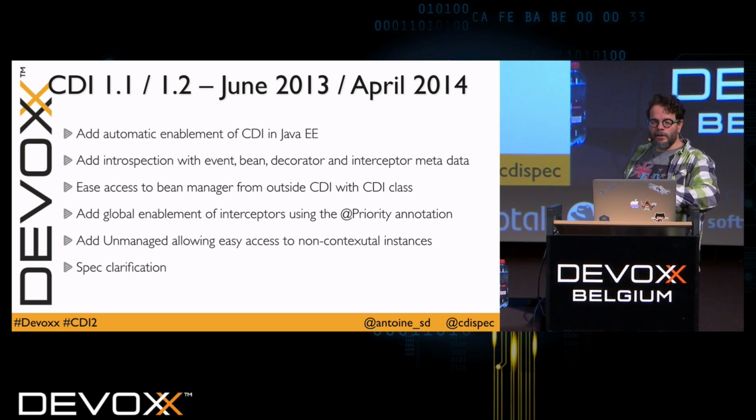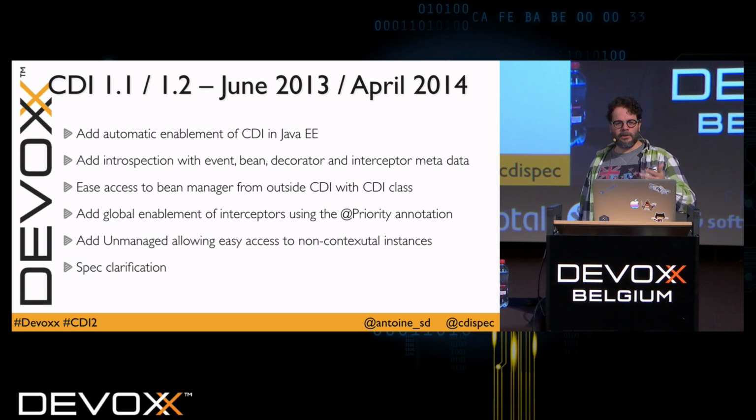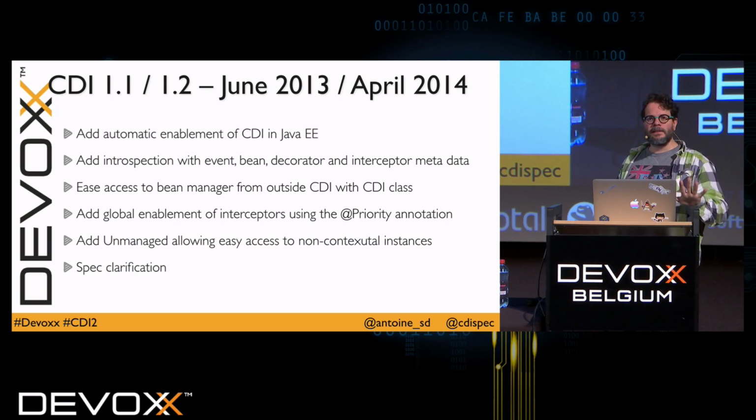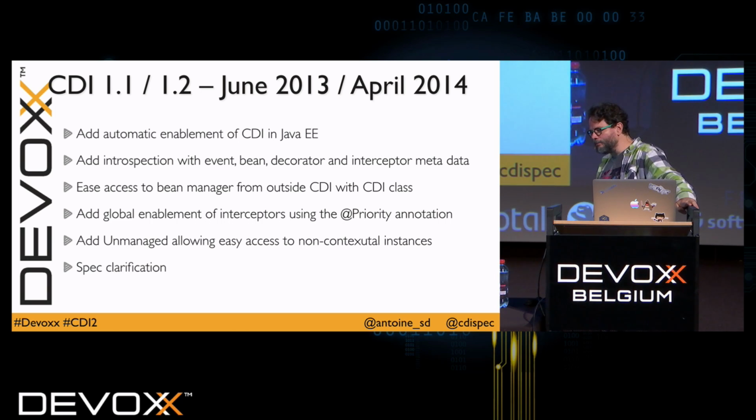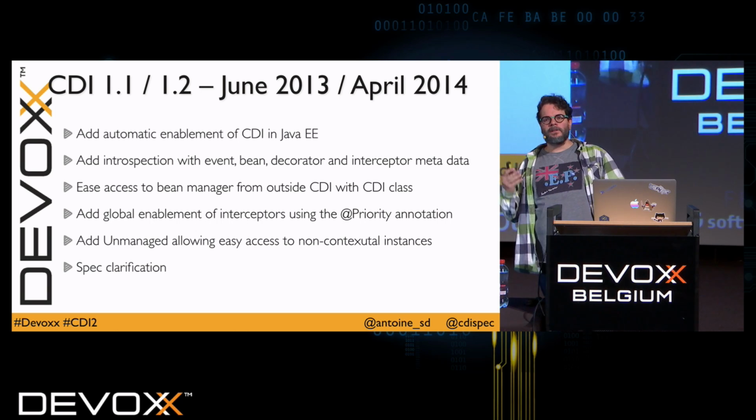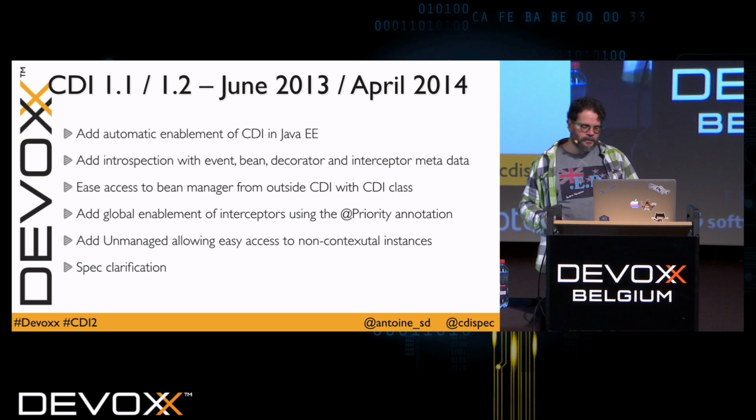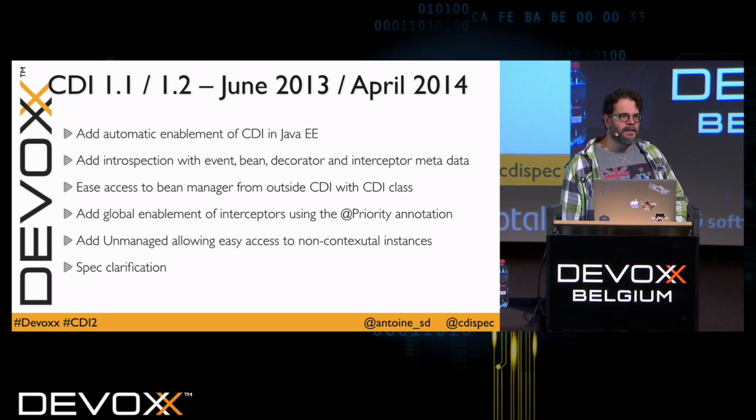We added a lot of stuff for introspection, so you have more information about metadata, about beans, about interceptors, etc. We also eased the tools to access CDI from outside CDI. We also added a feature to enable interceptors and decorators through the @Priority annotation, and also provided tools to use non-CDI classes, unmanaged instances, and provide CDI services on them.